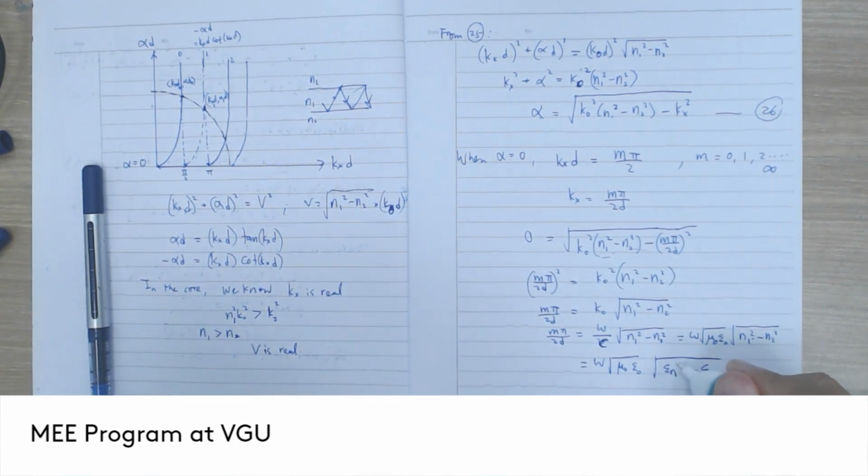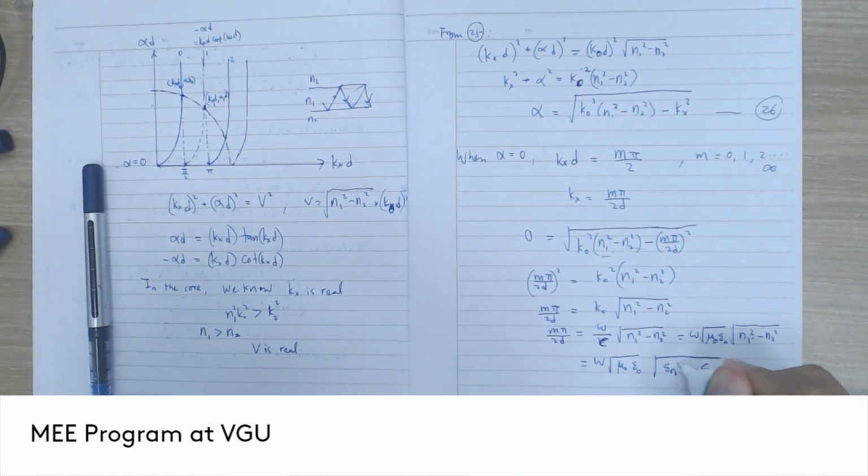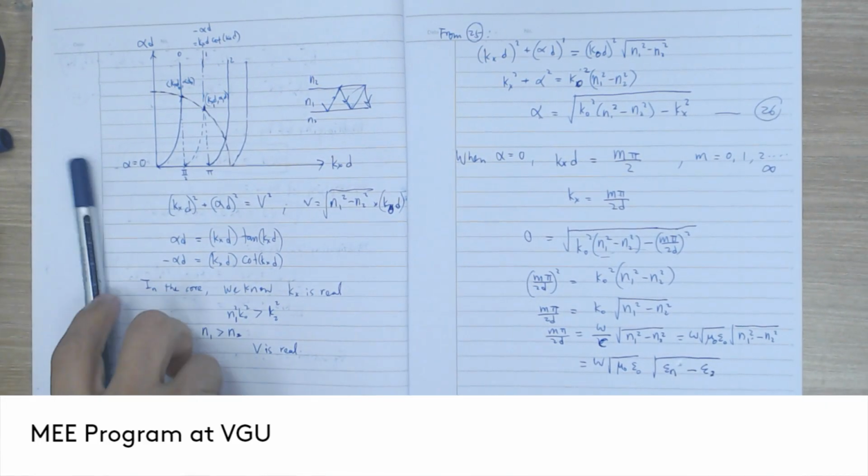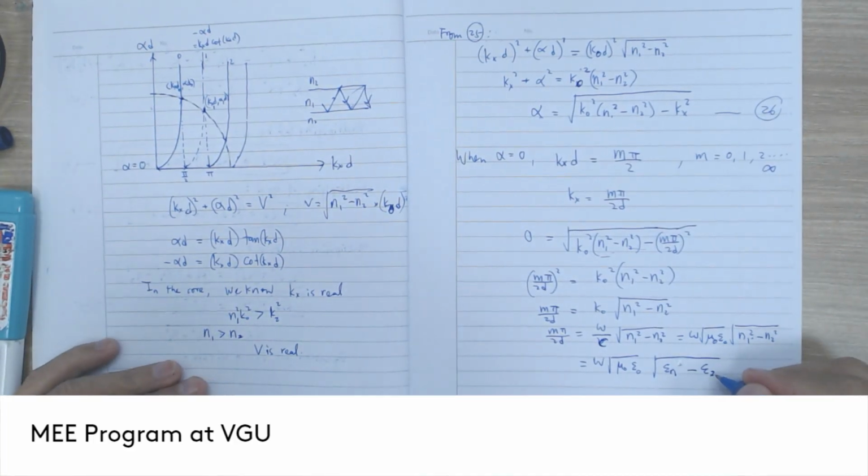There is no such thing, no square. And epsilon 2. This one is the relative permittivity for the cladding. This one is the relative permittivity for the core. So I replace the refractive index with its relative permittivity.